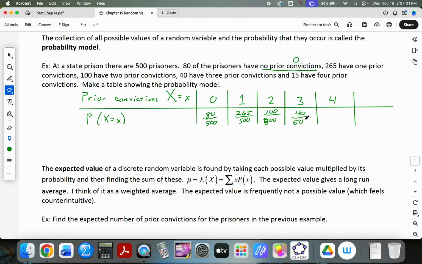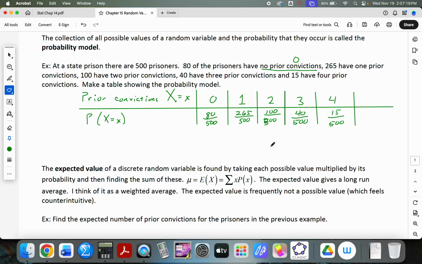Then 40 over 500 and 15 over 500. This table represents the probability model.